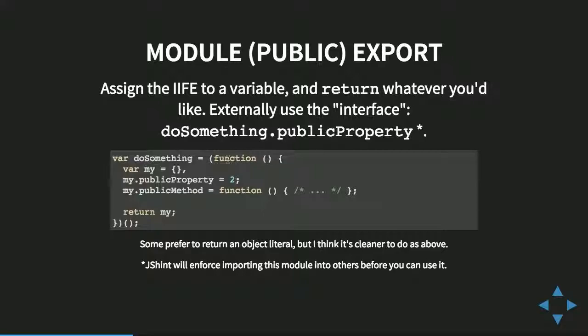It's equal to this function, and you can see my is an object. I'm assigning a property, a method, and I'm returning my. So now do something equals the object on the outside. Do something equals this object that on the inside of the function is my. Everybody with me so far? Okay.